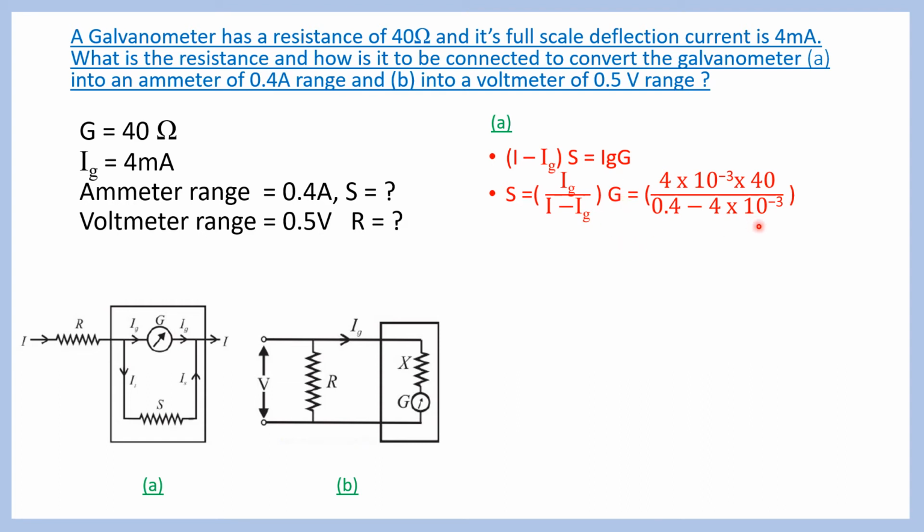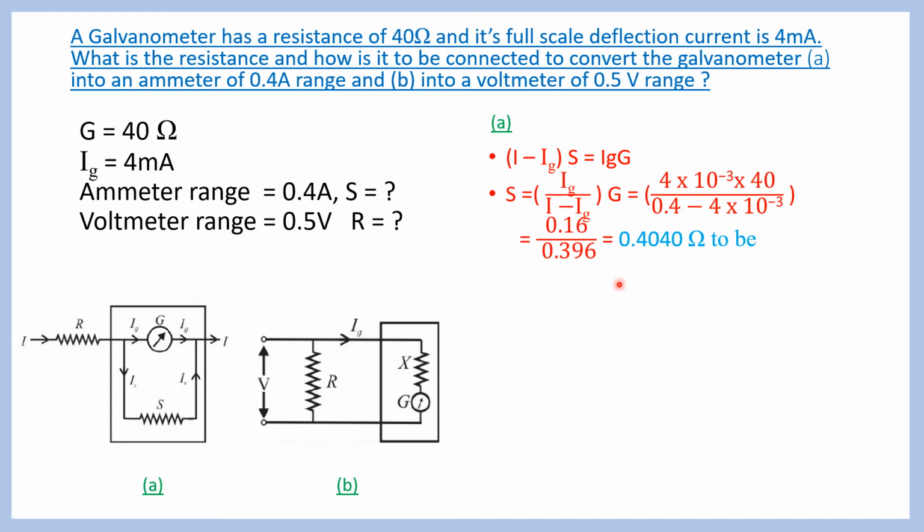Substituting the values, you will get the expression S equal to Ig divided by (I minus Ig) into G, and the final expression will be 0.16 divided by 0.396, which is equal to 0.4040 ohms. Now the question asks how this resistance has to be connected.